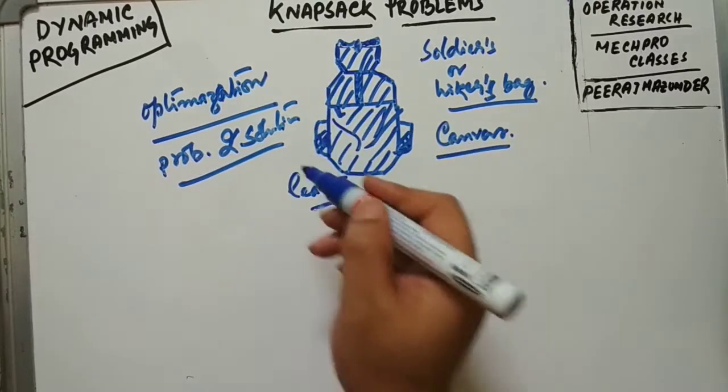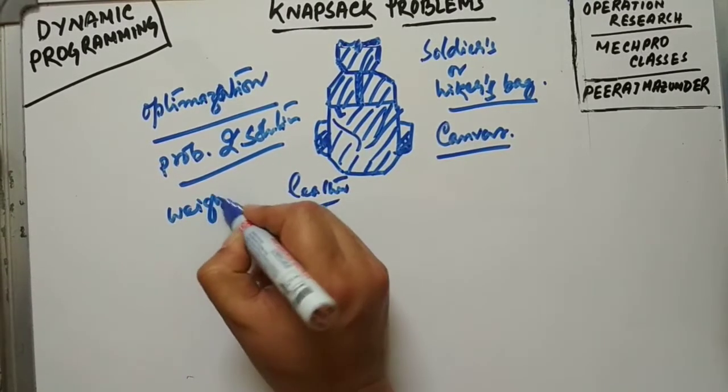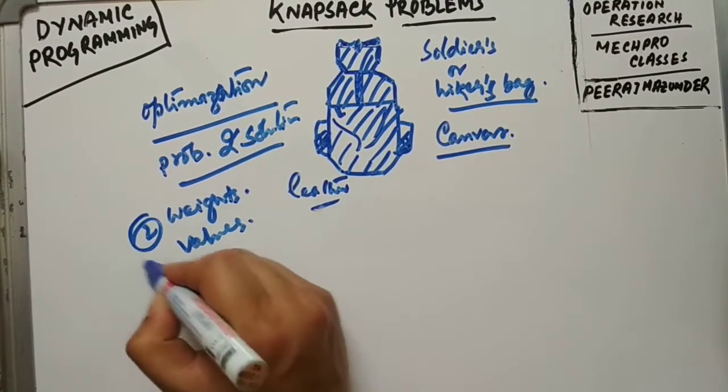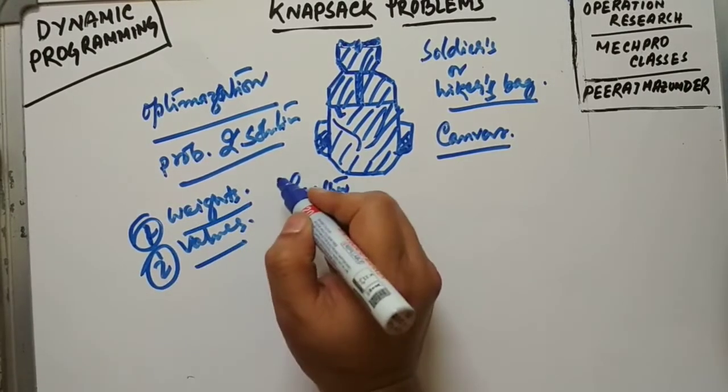Say we are given a set of items with specific weights and values as well. So we have got two parameters. One is your weights and second, values.